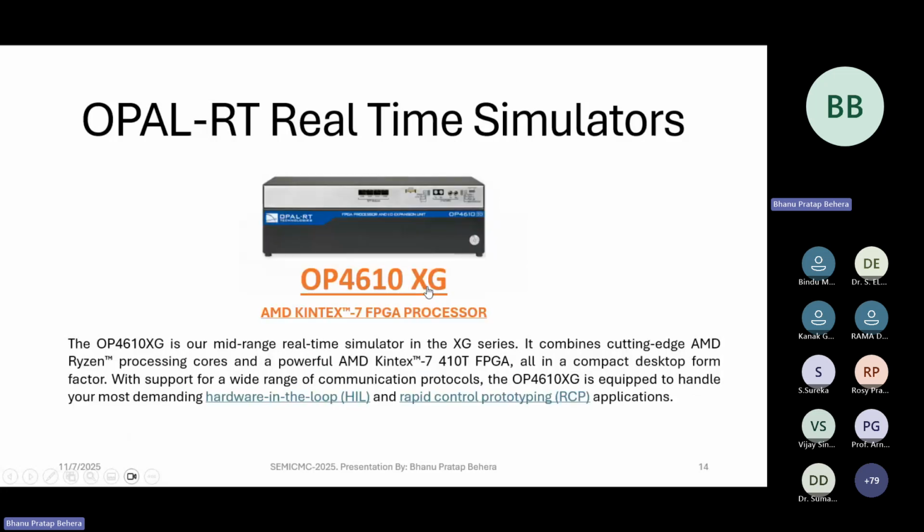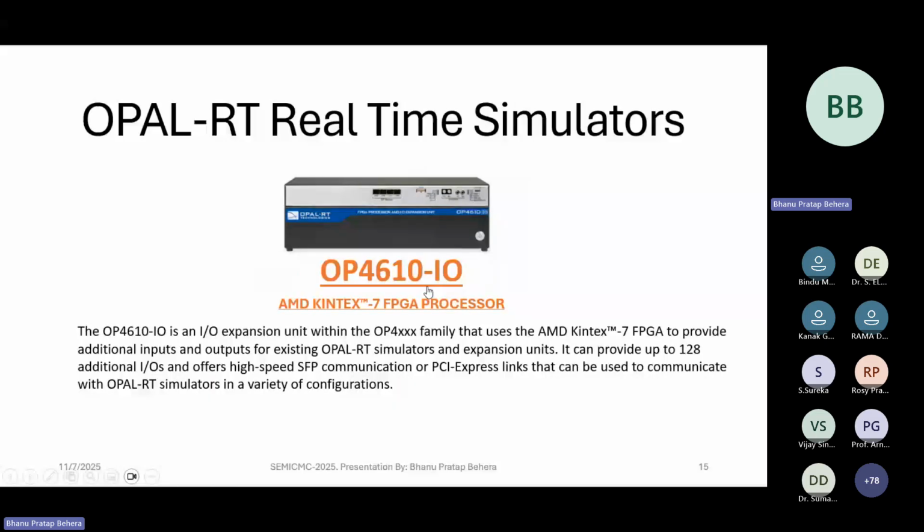In addition, it provides more processing capacity, more CPU cores, as well as the option to increase the number of input and output ports, for which you have to use another device, the OP4610 IO module.